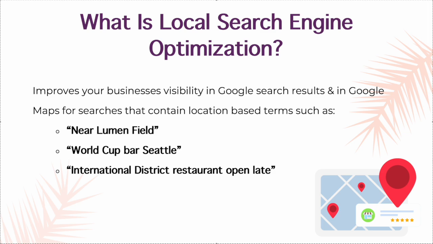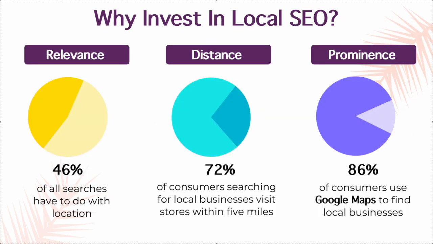So think Lumen Field, Seattle, near me, anything that identifies with a location. One thing that stands out with local SEO is that distance is one of the more important things. You're not going to search something and have something in Idaho show up, right? It's going to be within your area, especially with those near me searches.